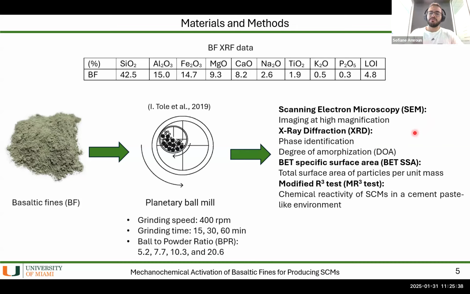We also ran the modified R3 test, which mimics the environment where these SCMs are going to be when you mix them with cement. The reaction happens between the SCM and the cement phases and releases heat, and that's the heat we measure using this test. From the heat measurements, we can say a lot about the performance of our SCM and the effectiveness of the mechanochemical activation. We ran other tests, but I'm just going to talk about these four in this presentation.